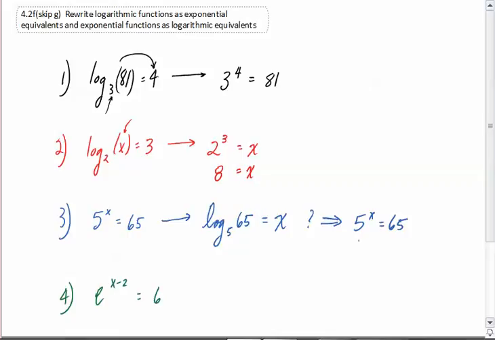And I would ask myself, hey, can I get the 65 into a form of 5 to some power? Could I get it to 5 raised to a particular power, and that would be equal to 65? No, I don't know of a way to do that, not without using some decimal form. I have no idea what it would be.